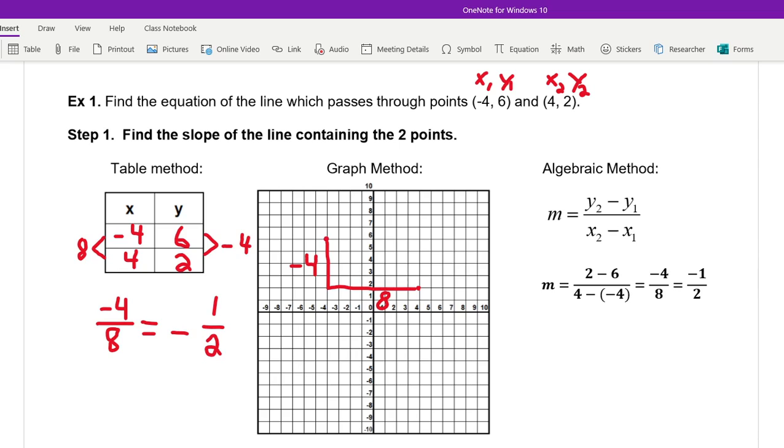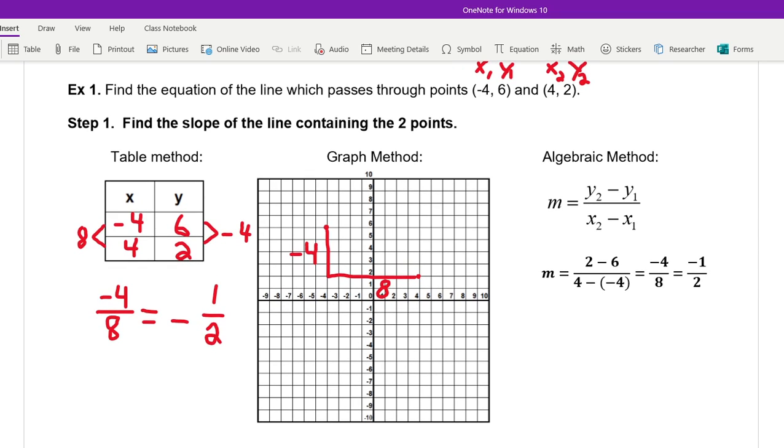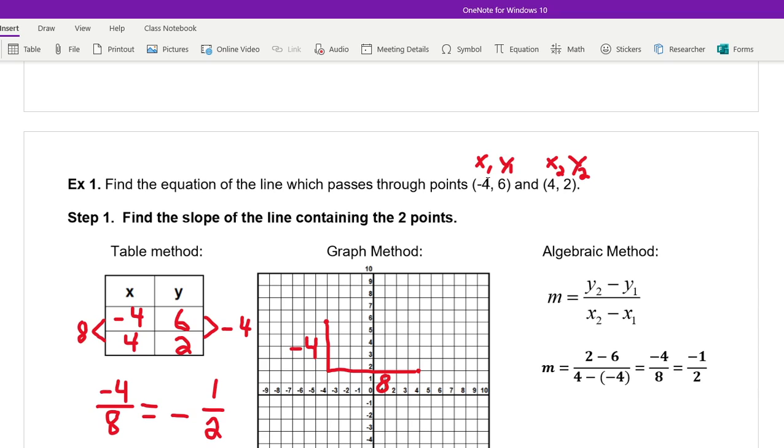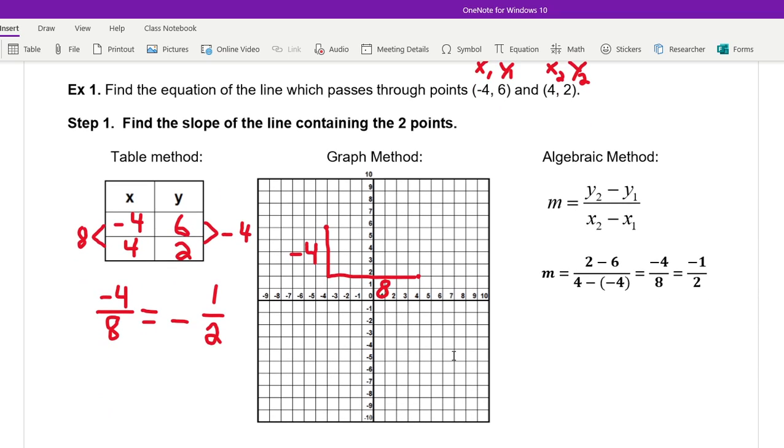So y minus 6 equals the slope that we found, which was -1/2, then we have our x minus our -4, which minus a negative, as we stated, is going to be actually adding the value. So even though it is a -4, it shows as a +4.